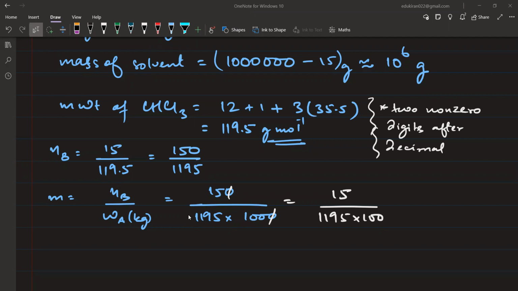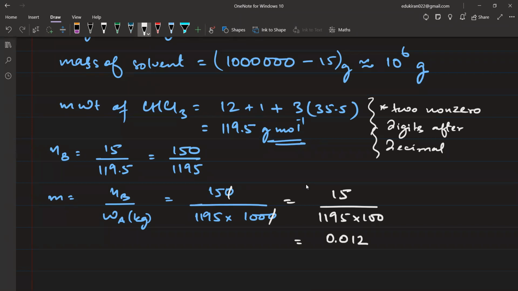I think पावर में कुछ ये है फहद. ये वैल्यू कितना आ रहा है आपका फहद? How much is this value? 15 upon 1195. ये बताइए आप. Sir, 15 by 1195 is equals to 0.012.